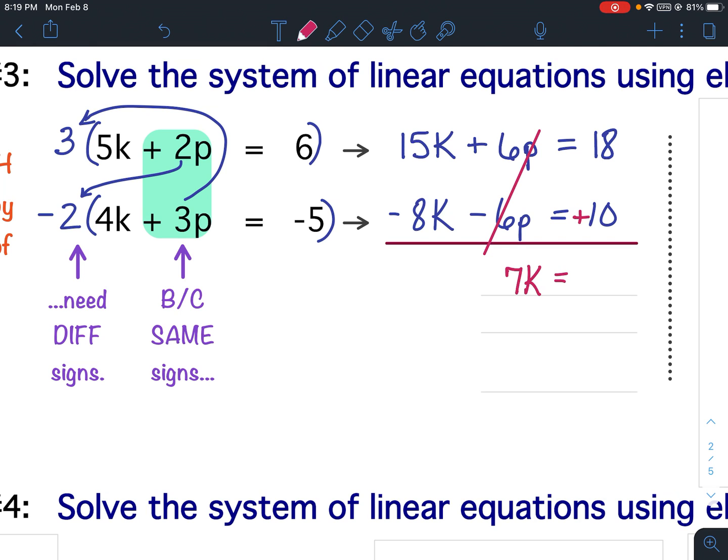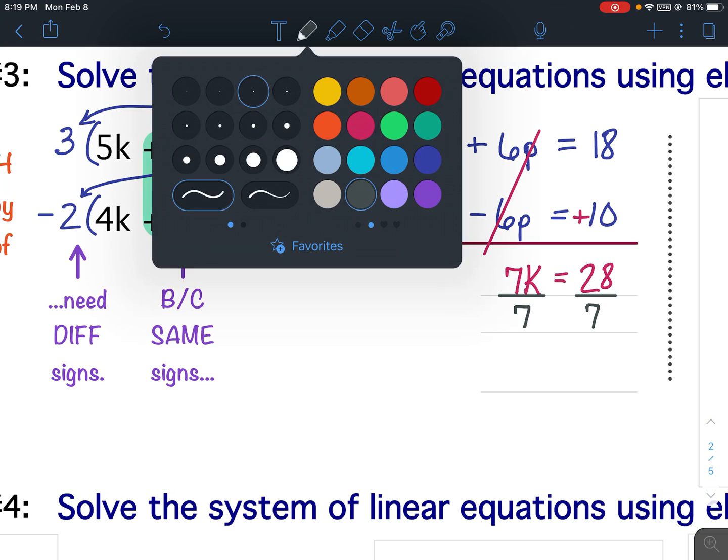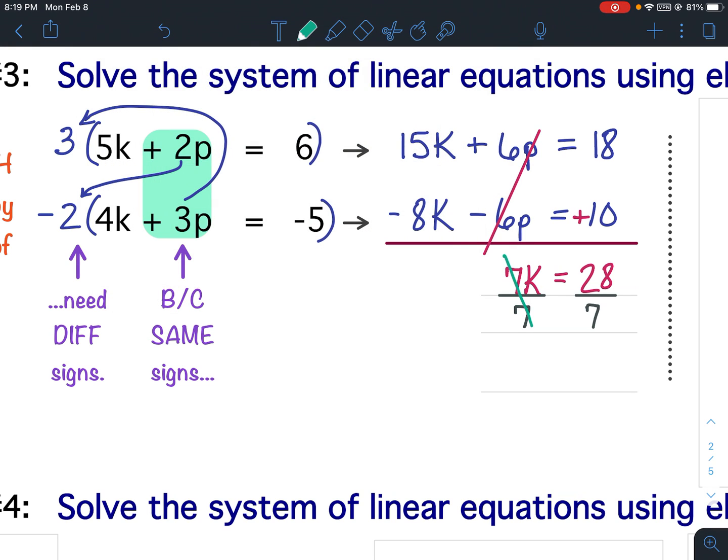That's a positive 10, so 18 plus 10 is 28. Isolate the k by dividing both sides by 7, and we would get k equals 4.